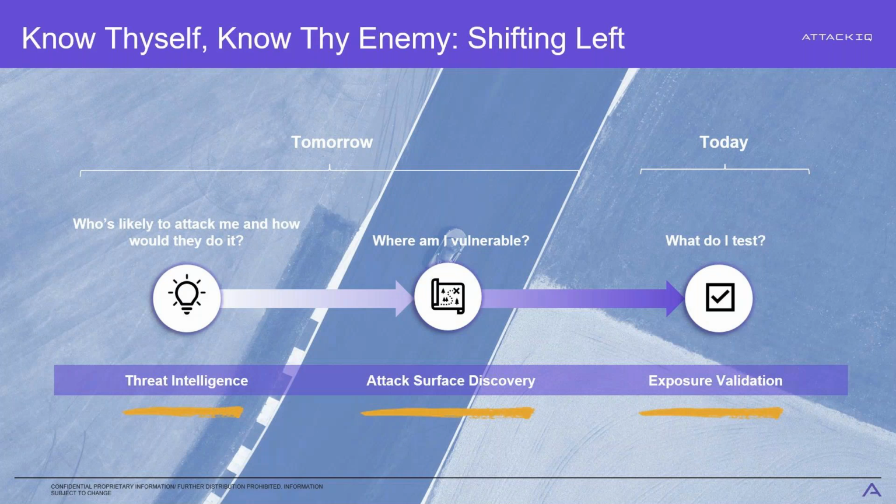To be less reactive, organizations need to introduce attack surface scanning to spot those known exposures earlier. This still doesn't necessarily account for the actual tactics, techniques, and procedures, those TTPs, that attackers are always using out in the wild. That real shift to the left comes from integrating live threat intelligence.